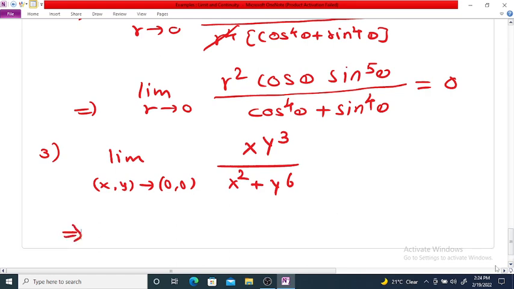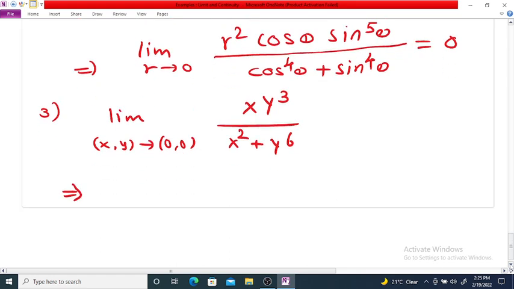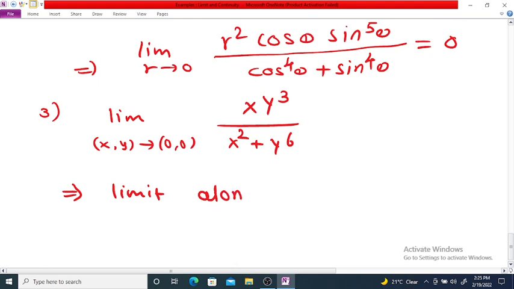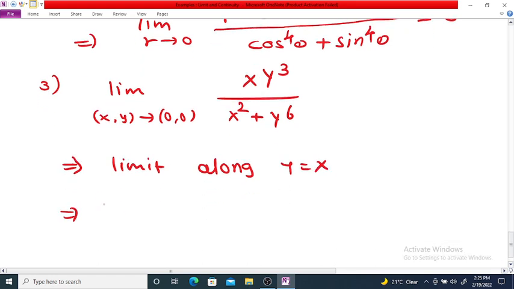Now here, if we first take the limit along y equal to x, then this becomes limit x tends to 0 of x raised to 4, since we put y equal to x, divided by x square plus x raised to 6.